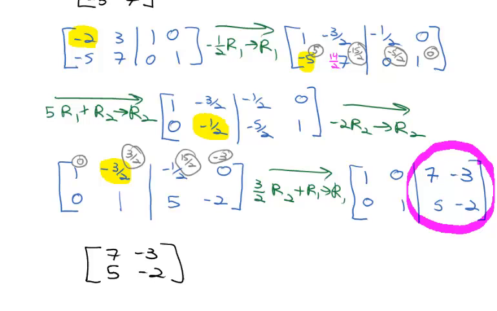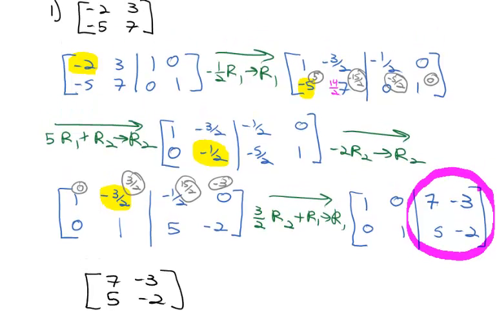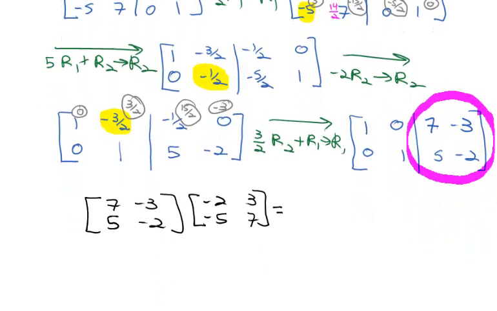If we wanted to verify that this was the inverse, we could multiply it by the original matrix. Up here at the top, the original matrix was negative 2, 3, negative 5, 7. And if it really is the inverse, it should give us the identity as a solution. And sure enough, it does.